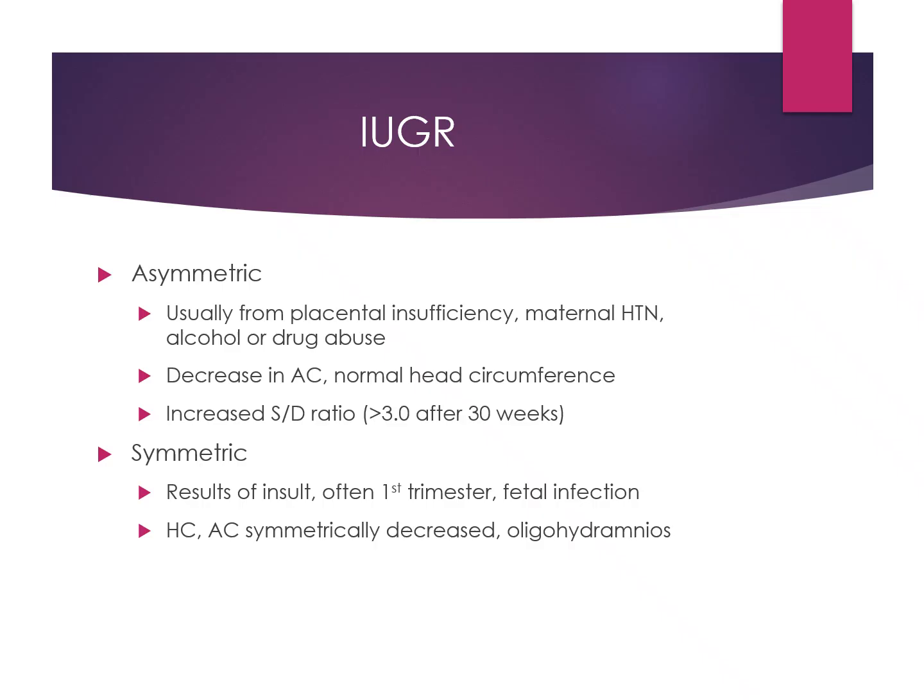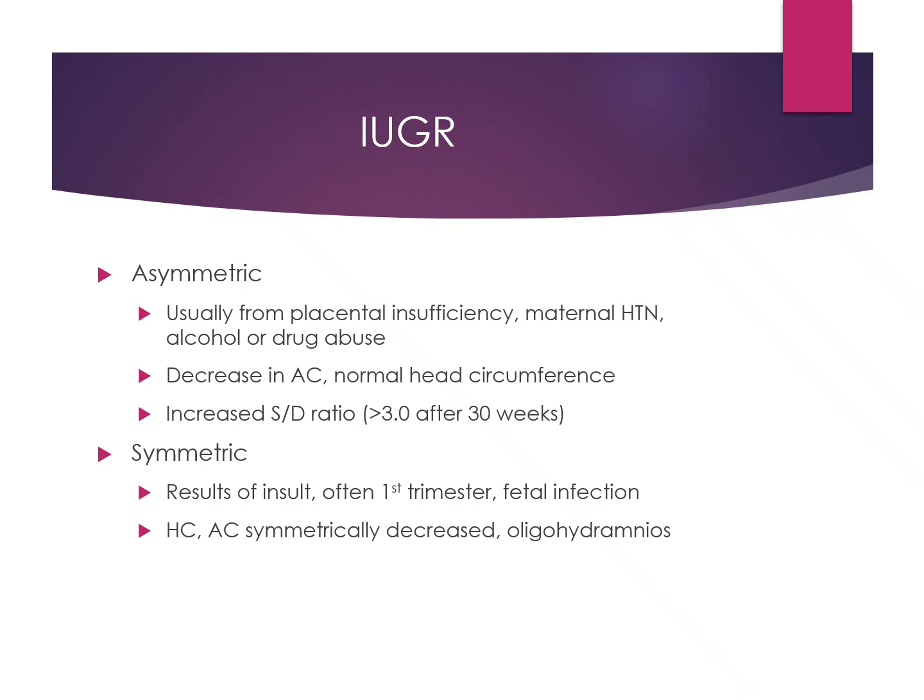And when there is what we call asymmetric, meaning that the head is fine but the abdomen is small, we can almost always assume that it's going to be from placental insufficiency, the mother having hypertension, or some form of drug and alcohol use in pregnancy.